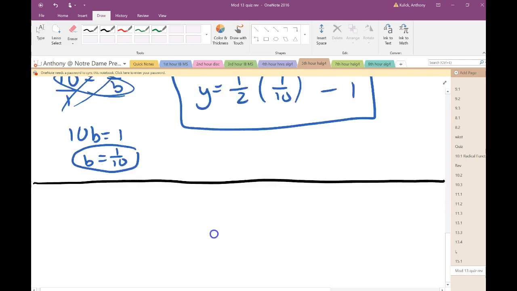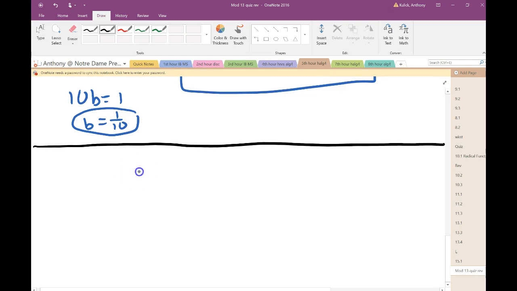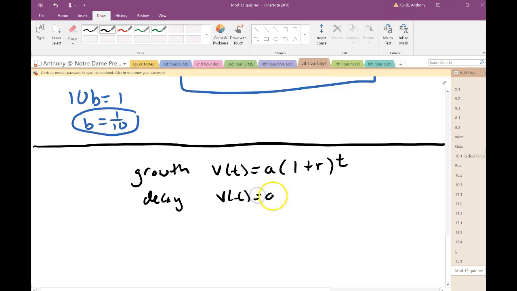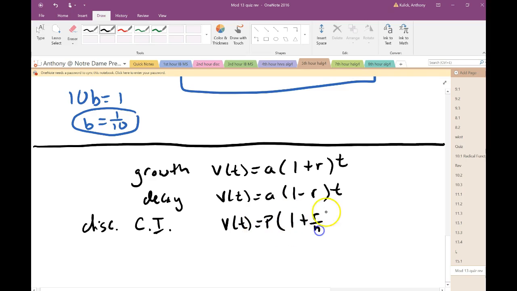Okay. For the story problems, you're going to be using these 4 models. So the 4 models we've seen are the growth model, the decay model, the discrete compound interest model, and then the continuous compound interest model.